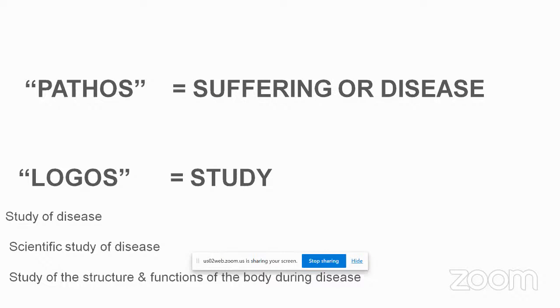It is the scientific study of disease, and also the study of the structure and functions of the body during disease. During disease, certain changes happen in the structure and functions. That is the basic pathology.